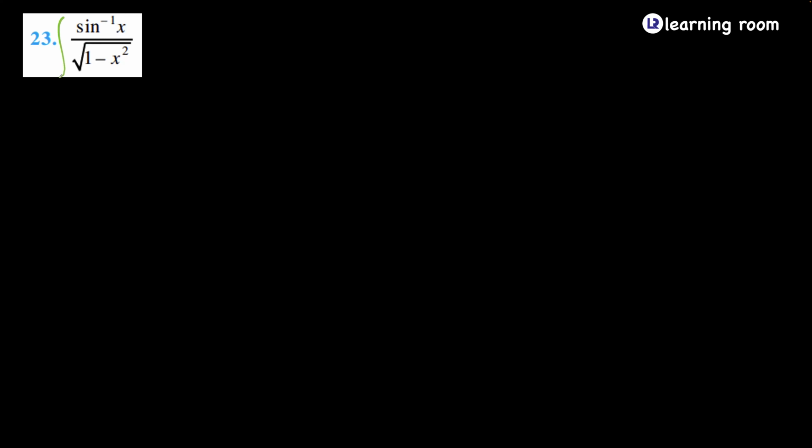So the next question is integral of sine inverse x divided by root of 1 minus x square dx. It's very simple. So the derivative of which function is 1 by root of 1 minus x square? So what are you supposed to do? Put sine inverse x as t, that implies 1 by root of 1 minus x square times dx will be equal to dt.